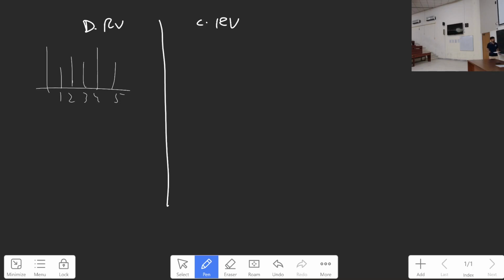This is the discrete case. For a continuous case, I may have some sort of a continuous distribution. It could be uniform, it could have some other shape, but this is a discrete random variable, this one is a continuous random variable. This axis represents the probability mass function.